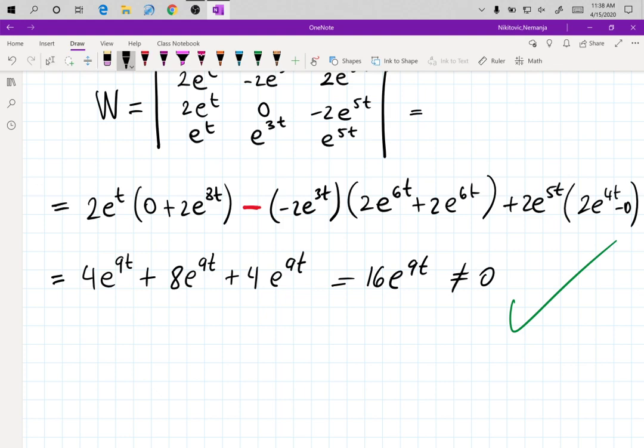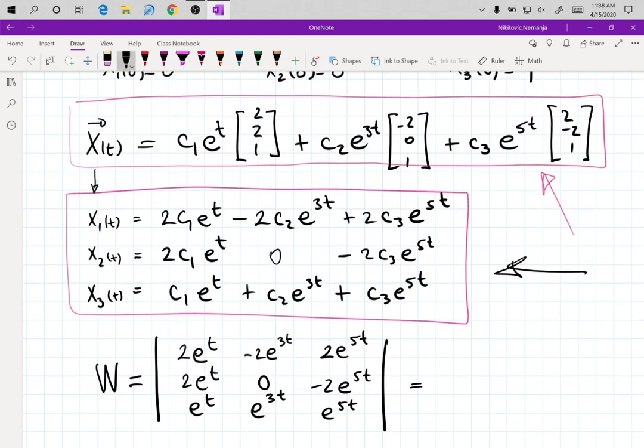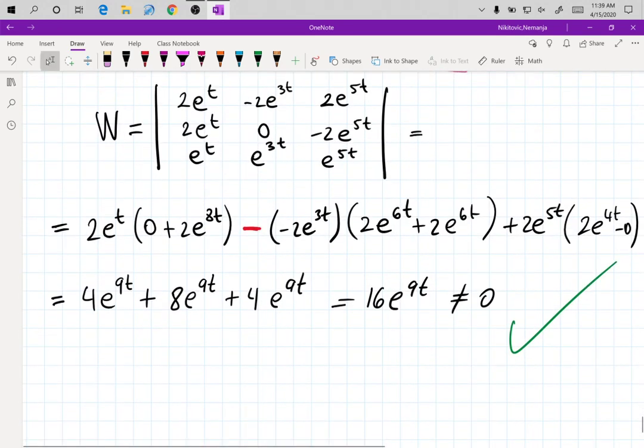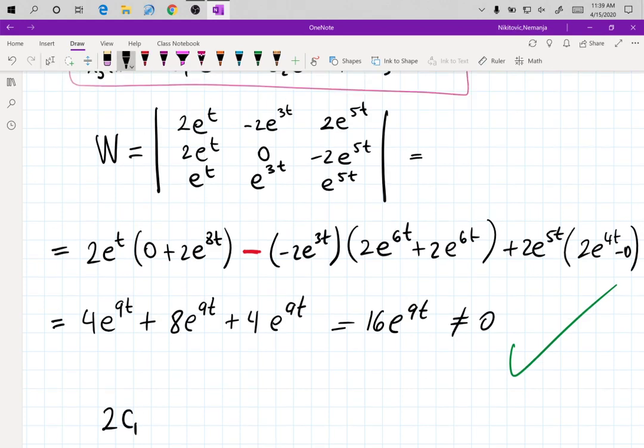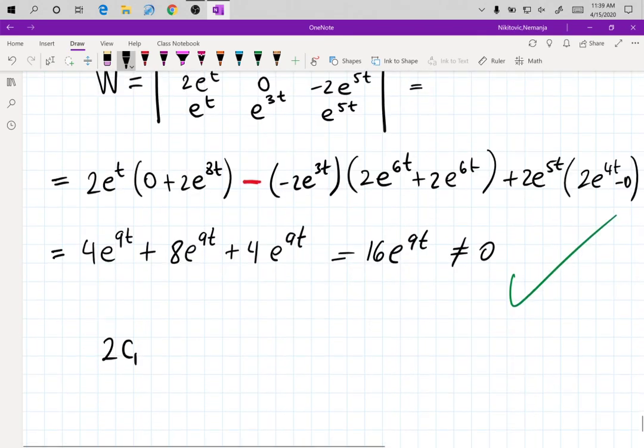And now the next order of business is to use those initial conditions in here to come up with the values for C1, C2, and C3. So we have x1 is 0, so we have 2c1, because e to the 0 is 1, 2c1 minus 2c2 plus 2c3 equal to 0.